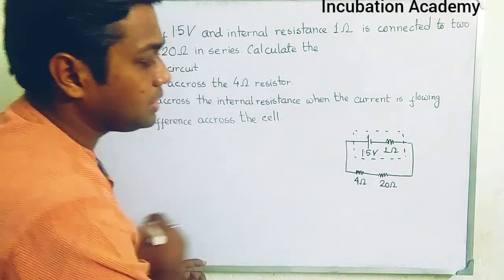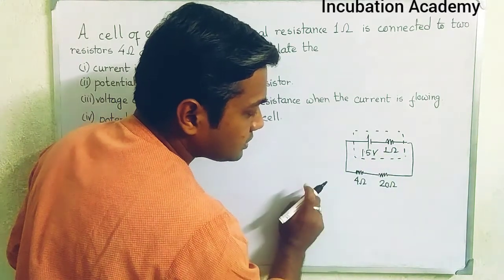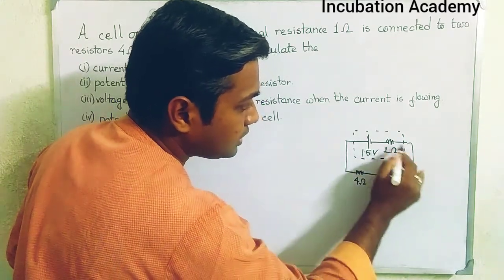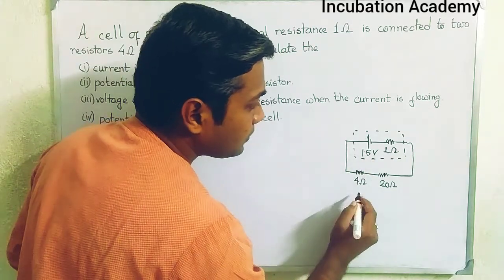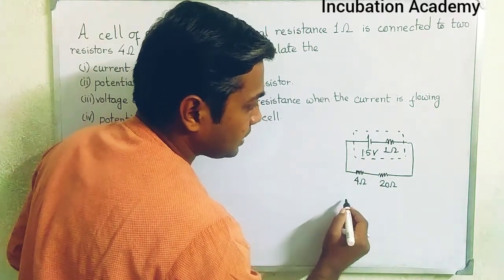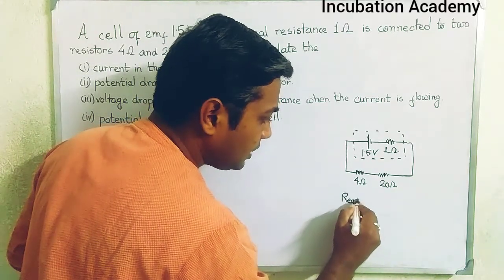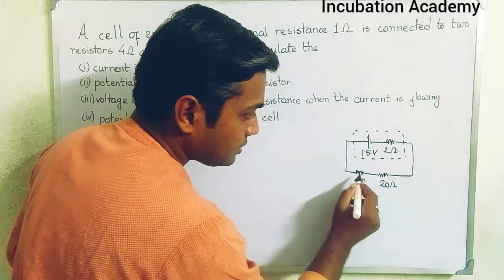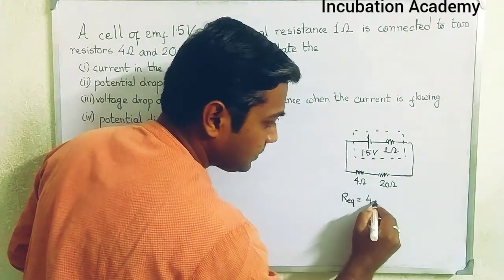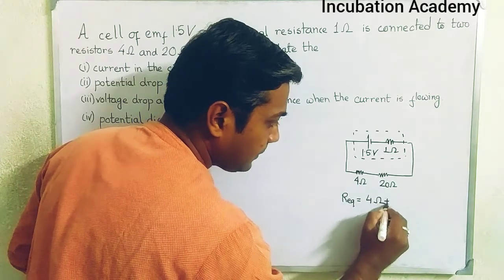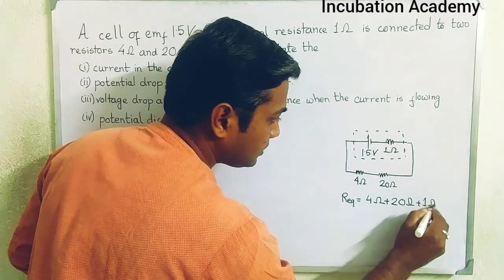So what we find is that 4 ohm, 20 ohm and the internal resistance 1 ohm, all three of these are in series now. If I try to find the series equivalent, R equivalent, 4 ohm, 20 ohm, 1 ohm in series, I am just adding 4 ohm plus 20 ohm plus 1 ohm.